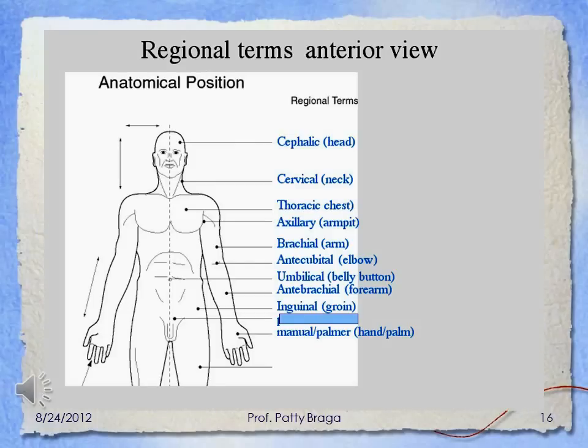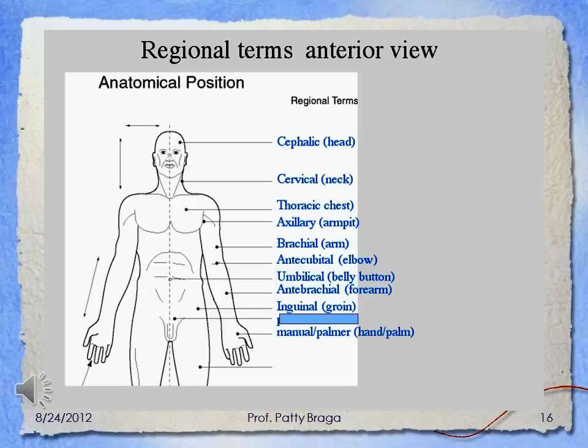Besides learning terms related to scanning planes, there are also things called regional terms, and they just describe a region of the body. It becomes important because when a doctor is sending in a patient, he might write on a script that the patient has a mass in the antecubital section of the left arm.